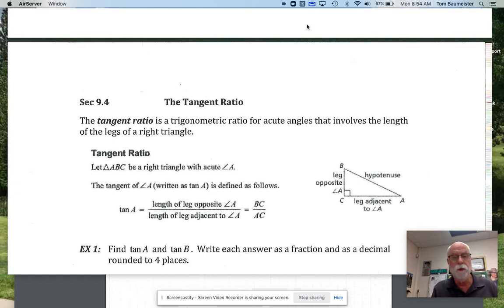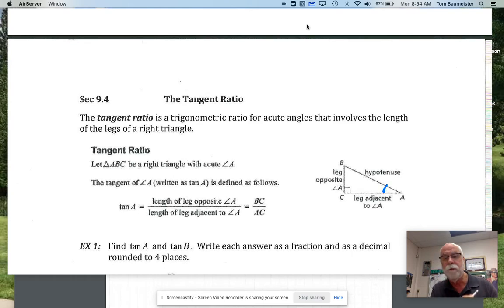So the tangent ratio is a trigonometric ratio for acute angles that involve the lengths of the legs of the right triangle. So let triangle ABC be a right triangle with an acute angle A. So we're talking about this angle right here. And the tangent of angle A, written as tan A, is defined as follows.